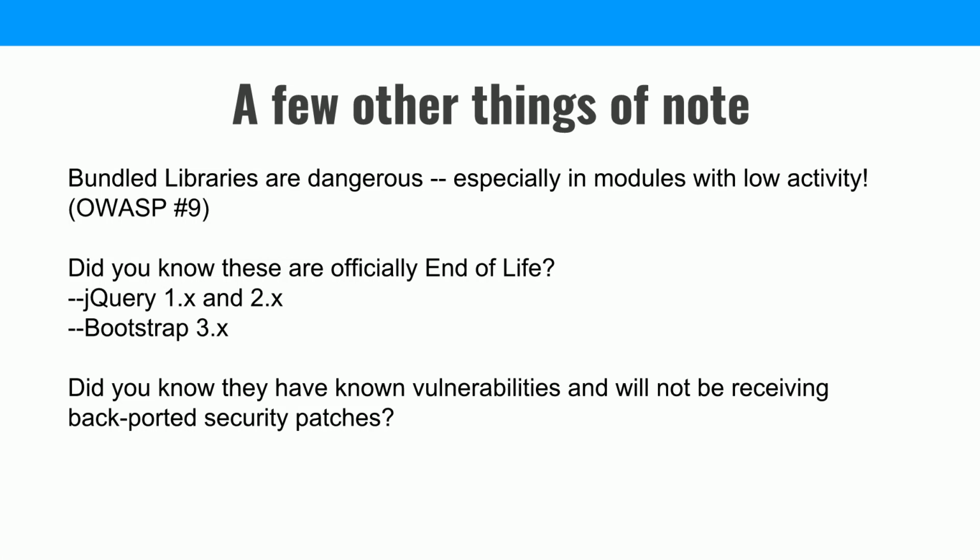So a few other things of note here. Going back to that OWASP top 10 and the outdated components in applications. Bundled libraries are dangerous in modules because unless you've gone through module code, you don't know what that module may be pulling in, such as an old version of jQuery, such as an old version of Bootstrap. jQuery 1 and 2.